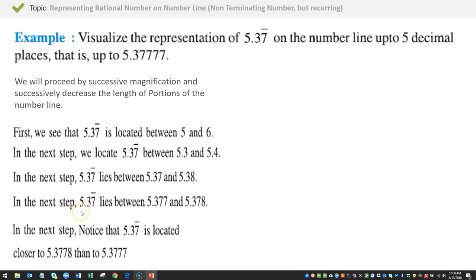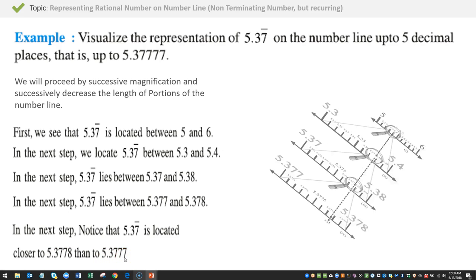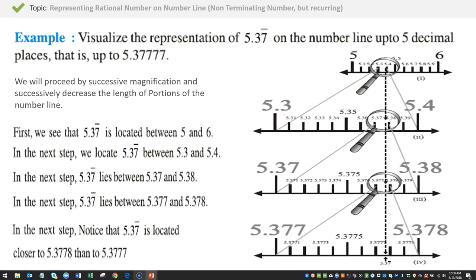And next, the same lies between 5.377 and 5.378, and at the end you will see it is closer to 5.3778 than to 5.3777. And here is how your picture representation looks like.